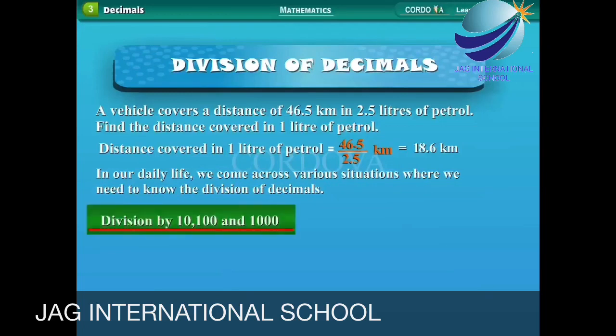Division by 10, 100 and 1000. Consider 23.5 divided by 10 is equal to 235 upon 10 into 1 upon 10, which is equal to 235 upon 100, which is equal to 2.35.